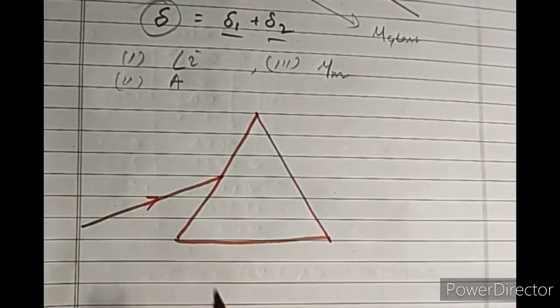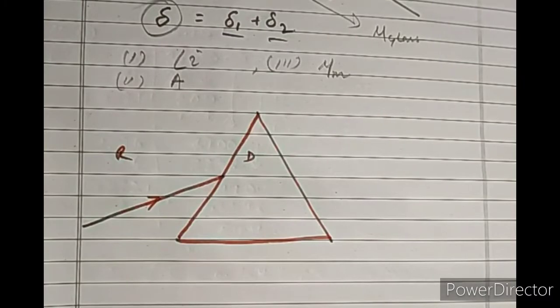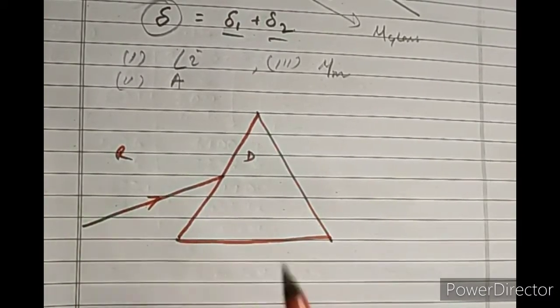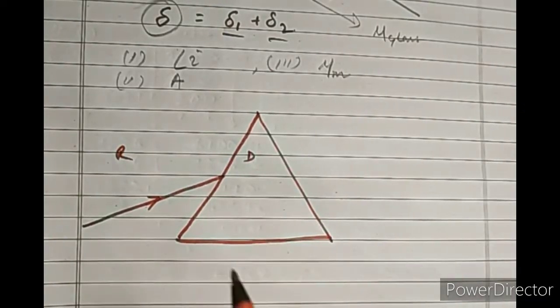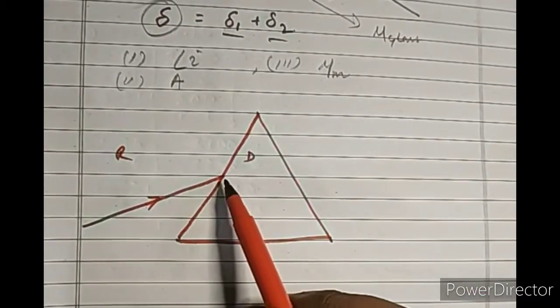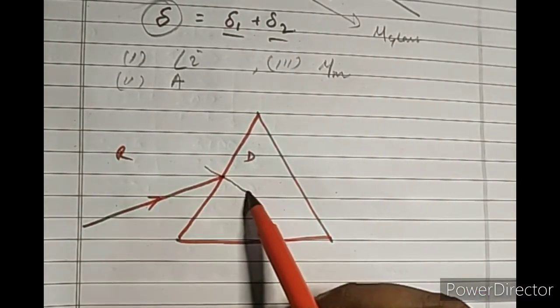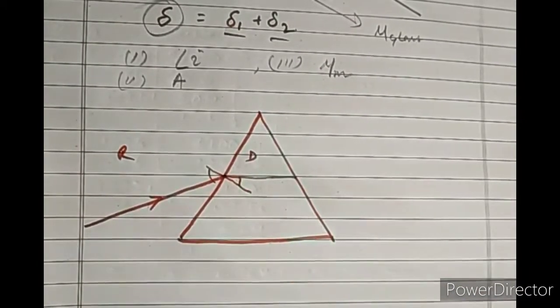We know that whenever light goes from a rarer to a denser medium, the speed of light gets decreased. Along with that, how much it will bend depends upon the wavelength also. We have studied in earlier classes that the angle of refraction, how much it is bending, depends upon the wavelength of the light also.